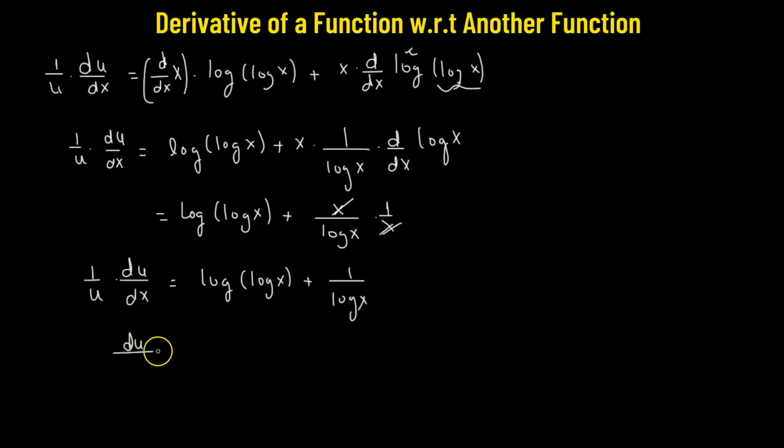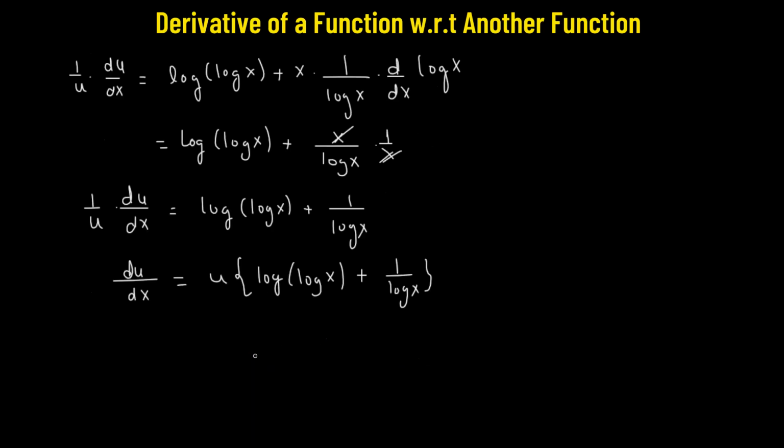Then we'll multiply both sides by u, which gives us u multiplied by log log x plus 1 over log x. Now we will finally replace the value of u with (log x)^x.